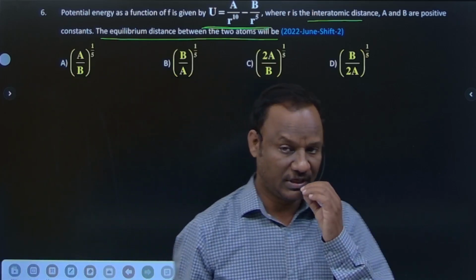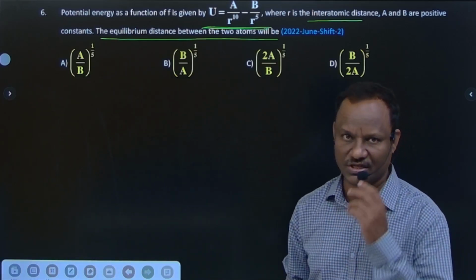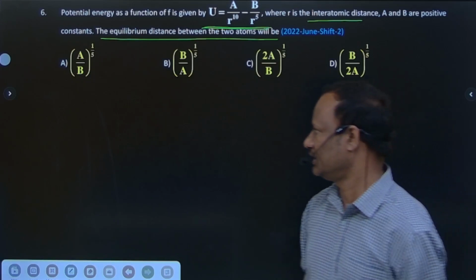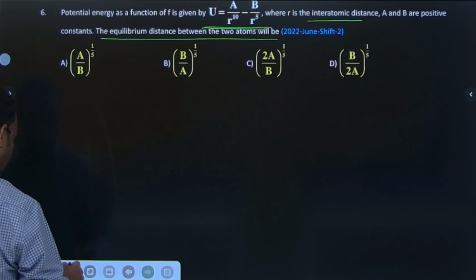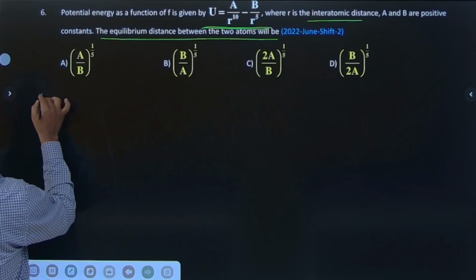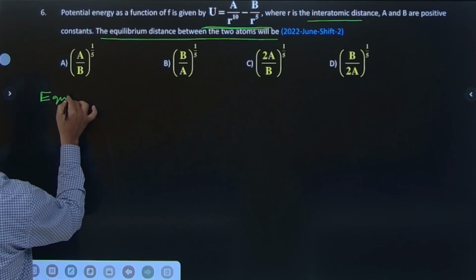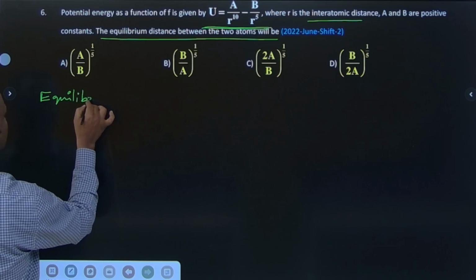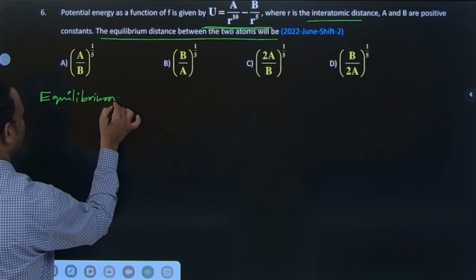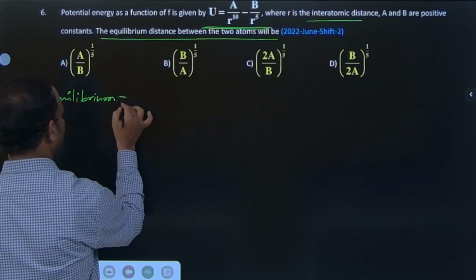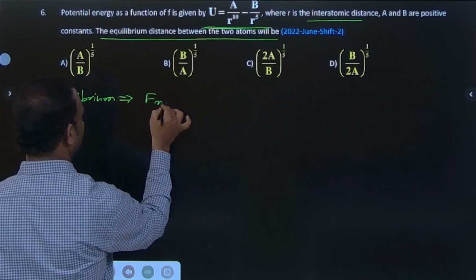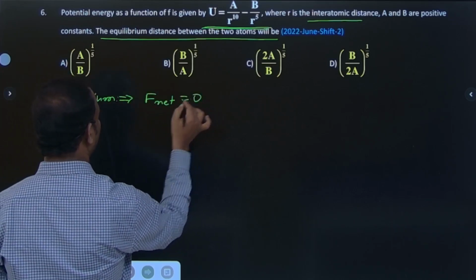You should know proper differentiation and integration while solving these problems. When we speak about the equilibrium condition, it is neutral. So for the equilibrium condition, F net is equal to 0.